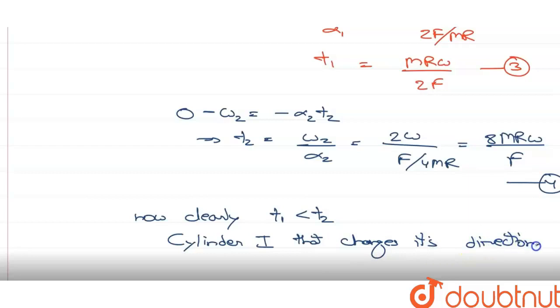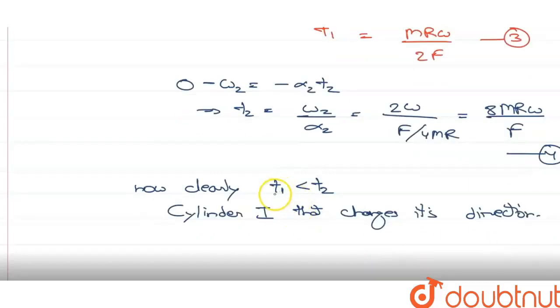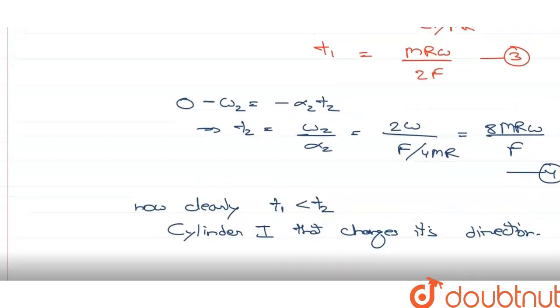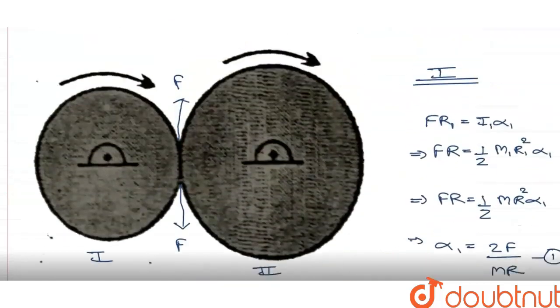Because cylinder 1 is the cylinder that is achieving a zero angular velocity earlier, that means it is changing its direction earlier, which means that it is the only one which is going to change its direction. So cylinder 1 is the one which will change its direction.